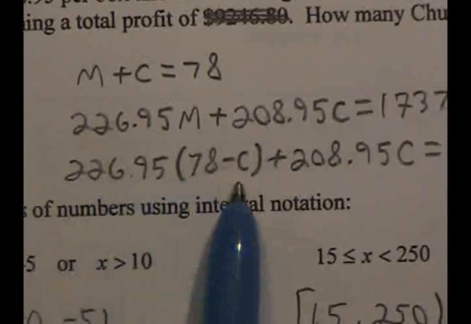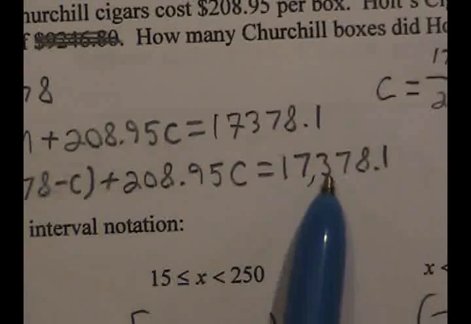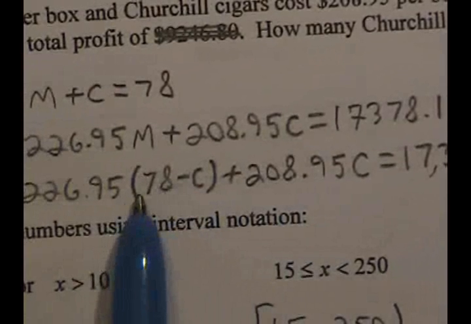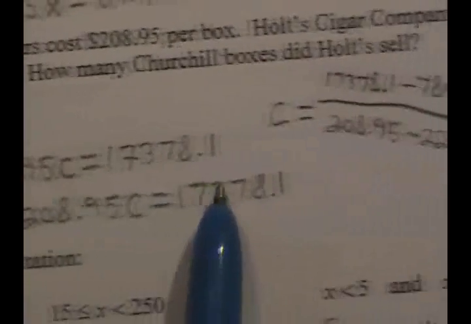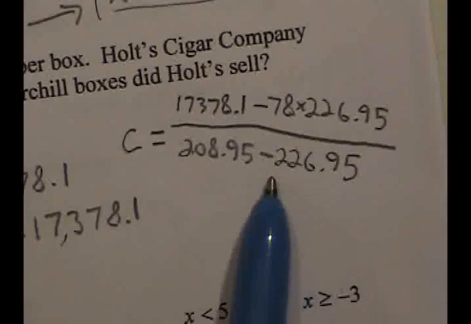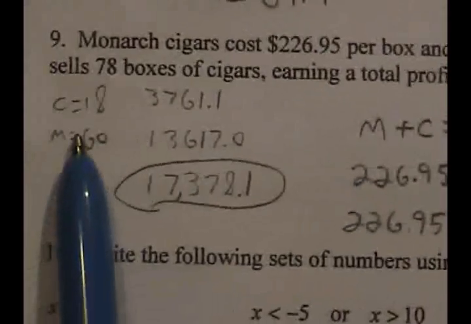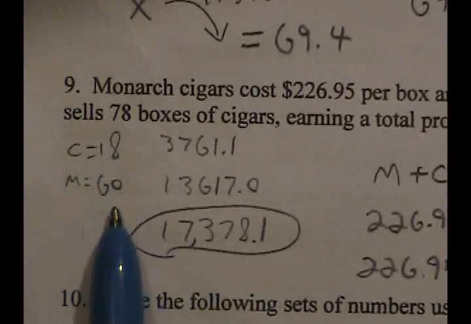But this one times this number plus this amount times this number has to give you the total. And when you multiply this out and add the number over to the other side and then factor out a C and so on, you get C is actually equal to this expression, which when you divide gives you 18. And so since they had to add to 78, the Monarchs were 60.